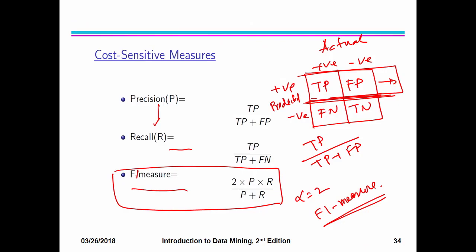So, accuracy alone is not enough to decide whether the classifier is good or not. Even in IDS, that is intrusion detection system, or anomaly detection, we frequently use precision and recall. So, this is sufficient for evaluating the classifier.